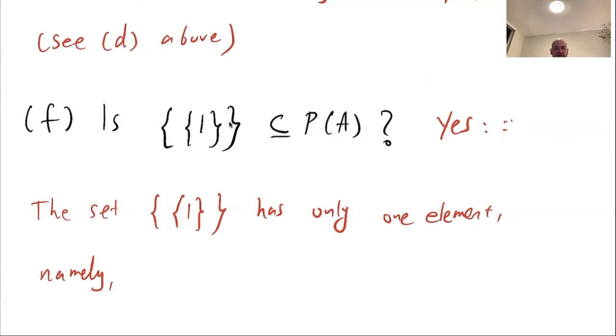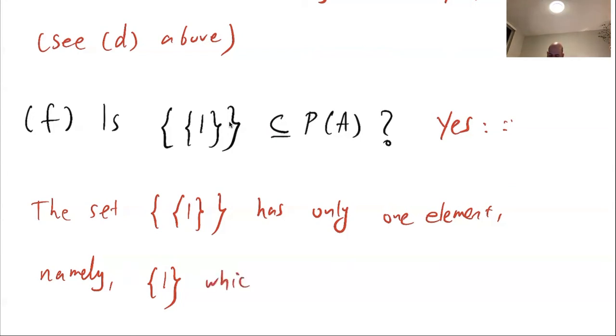Remember, we separate the elements with commas between them. This has no comma, so there's only one element, and that one element is the set containing 1. This set has only one element, which is the set containing 1. And now this is the only element of the left-hand side. Is this element in the right-hand side as well?